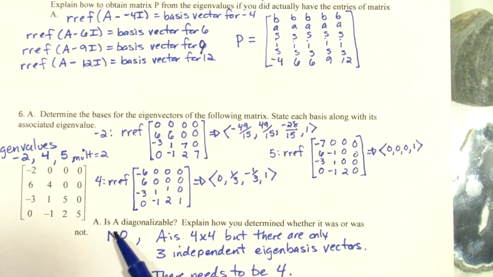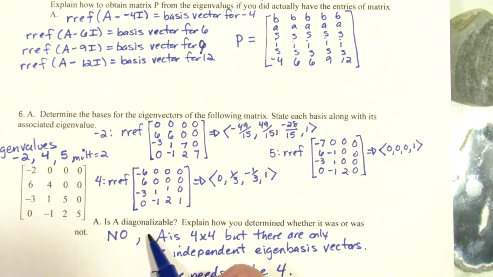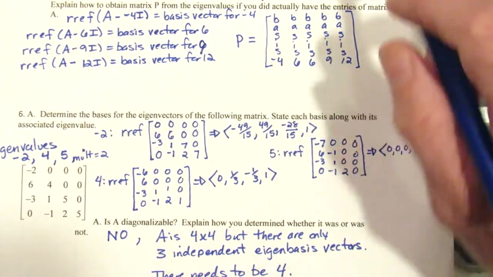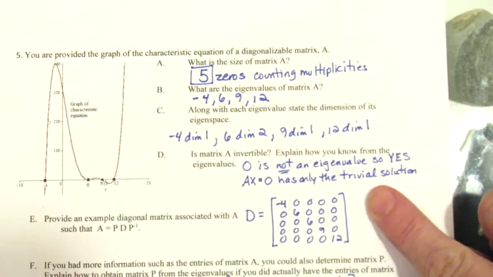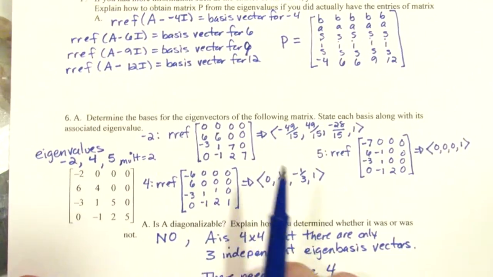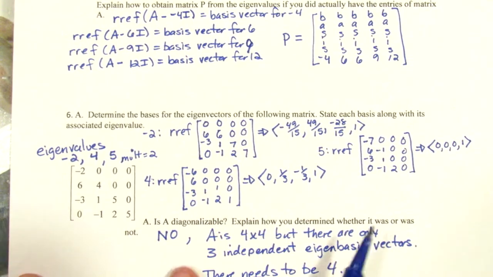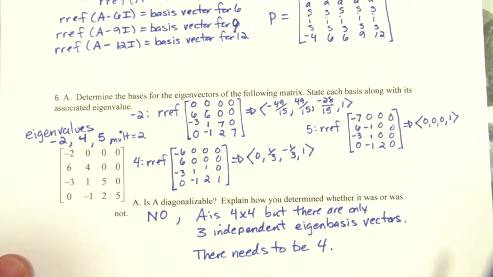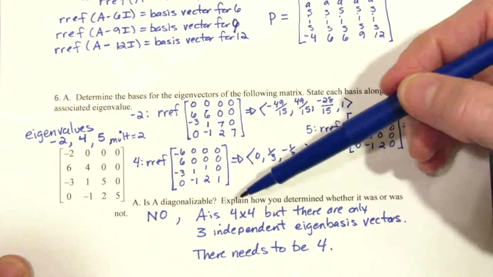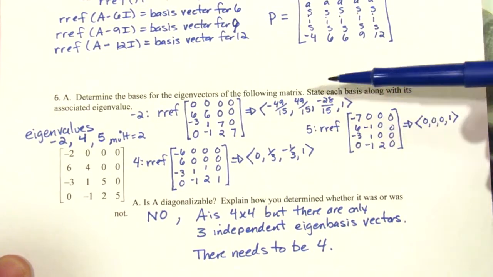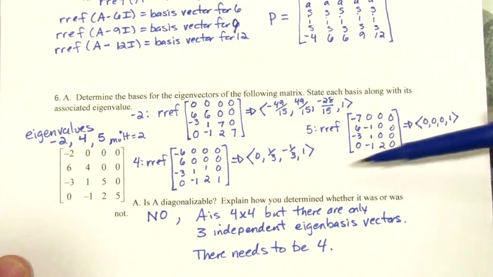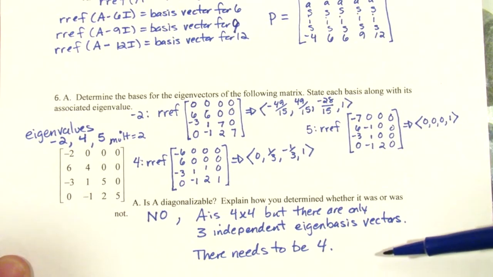So it turns out that this triangular matrix is not diagonalizable. Up here we were assuming a diagonalizable matrix. Here we were actually given a matrix A and we were investigating it, but it turns out it is not diagonalizable because A is 4 by 4, but I only have 3 independent basis vectors. There would need to be 4.